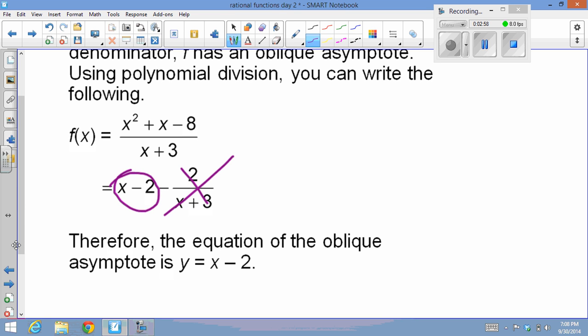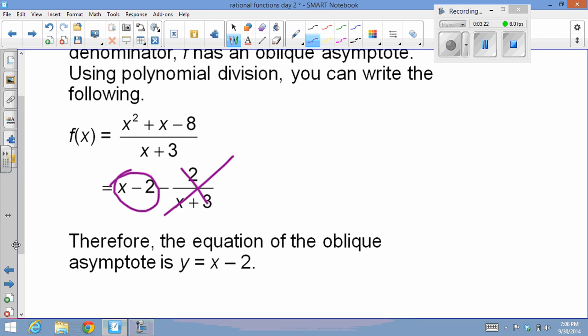Now, I'm going on the assumption that you're capable of doing long division, and that's one of the reasons why we had to learn long division. Synthetic division doesn't work quite as well for this. It somewhat does. You would just ignore the last number, the last column, when you do synthetic division. But really, it's easier if you do long division with this. So then we end up with y equals x minus 2.